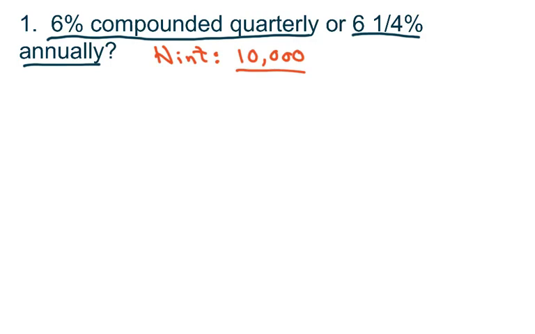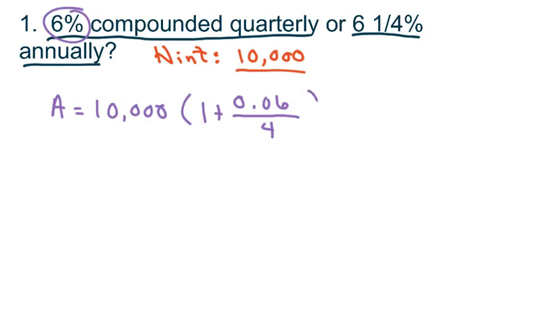So for the 6%, we get A equals 10,000 times 1 plus 0.06 over 4, and that's 4 times 1, and this equals 10,613.64.